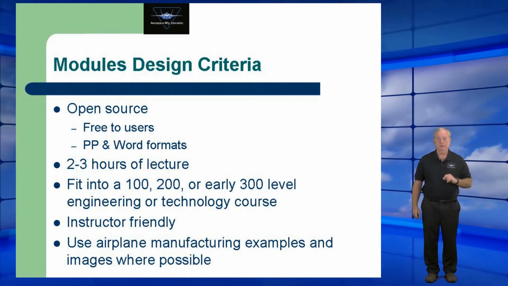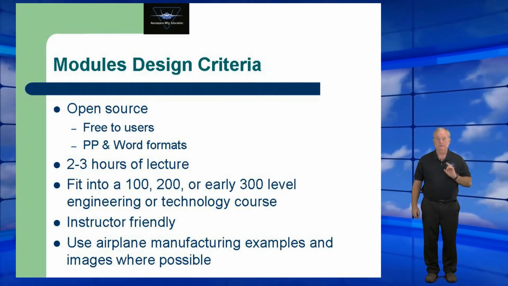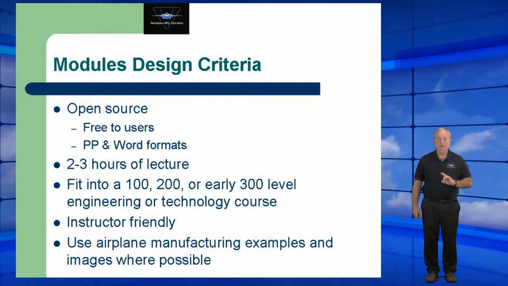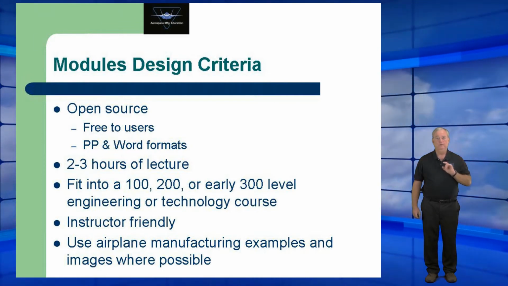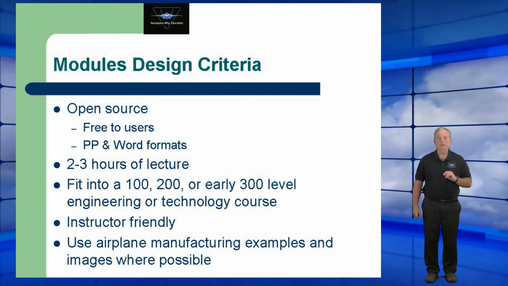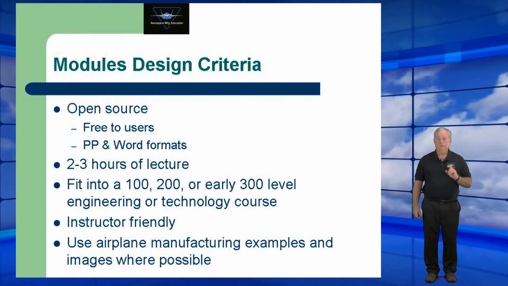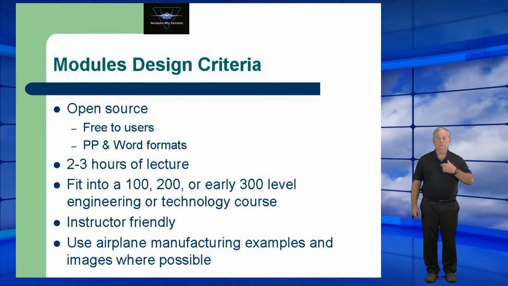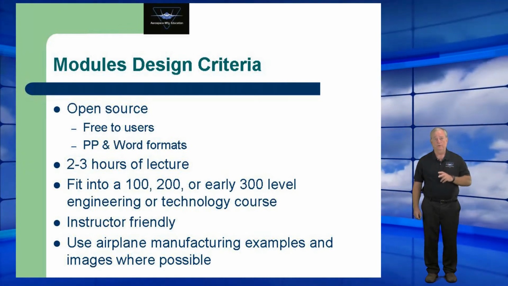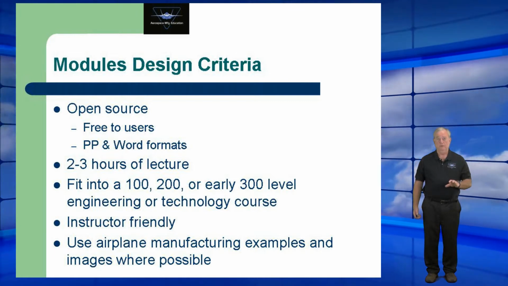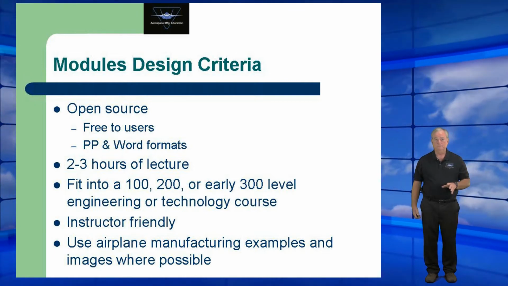They're targeted to fit into 100, 200, or early 300 level engineering or technology courses, so they're suitable for a community college environment or a university environment in the freshman and sophomore years.